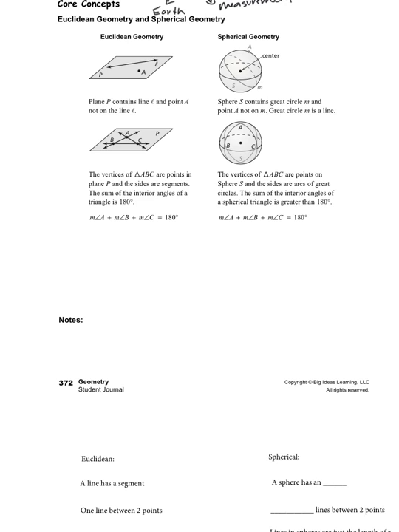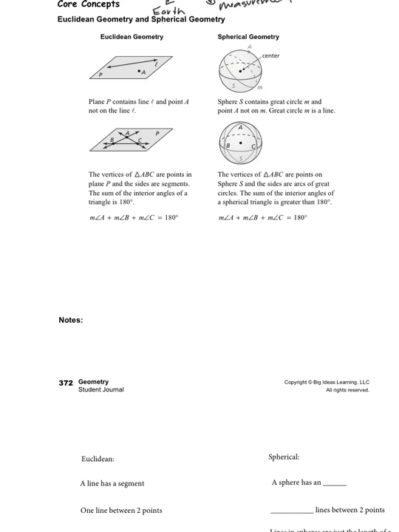So let's look at this next example. It says the vertices of triangle ABC are points in plane P, and the sides are segments. The sum of the interior angles of a triangle is 180 degrees, meaning measure of angle A plus measure of angle B plus measure of angle C is going to equal exactly 180 degrees.